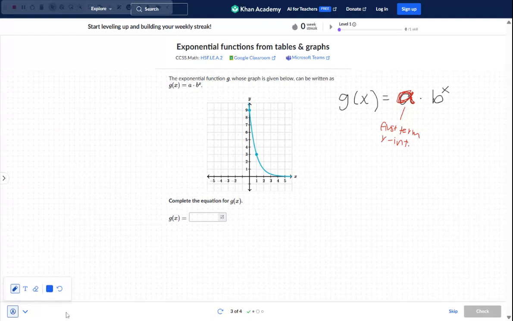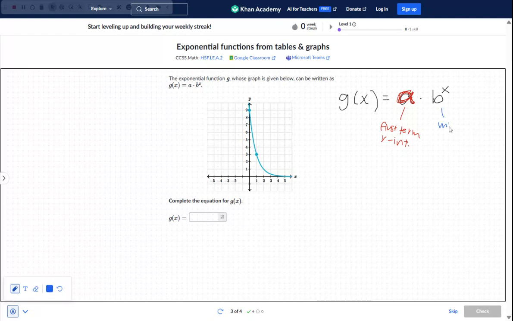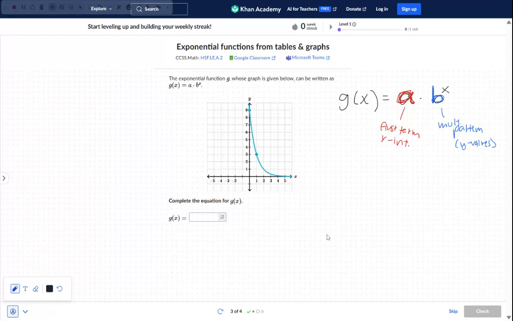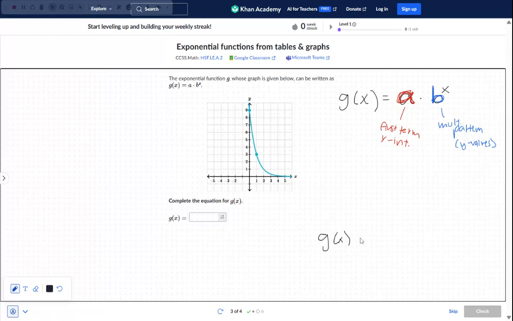And we know that b is the multiplication pattern, specifically looking at the y values. Our goal is to write out the equation: what is a and what is b to the power of x.